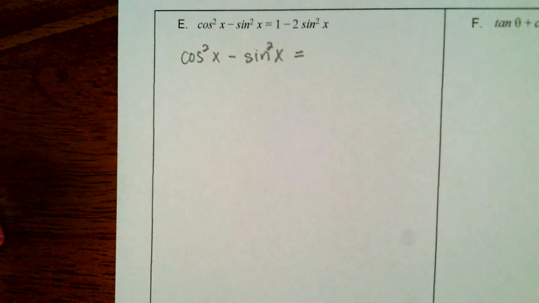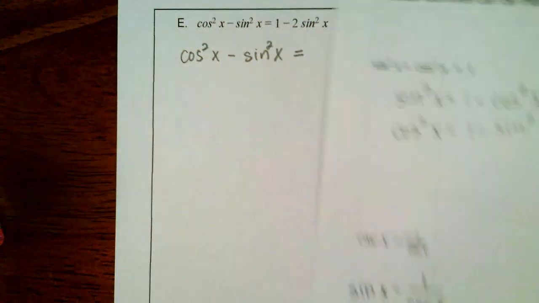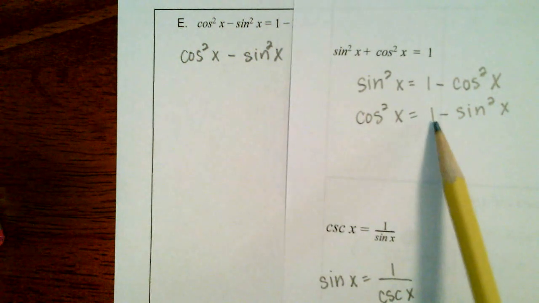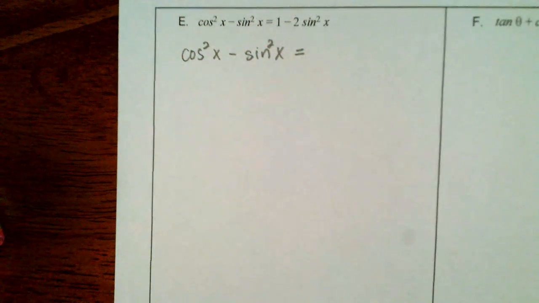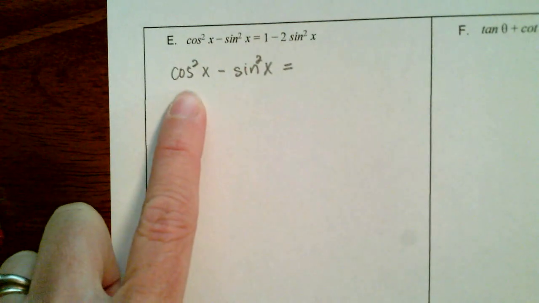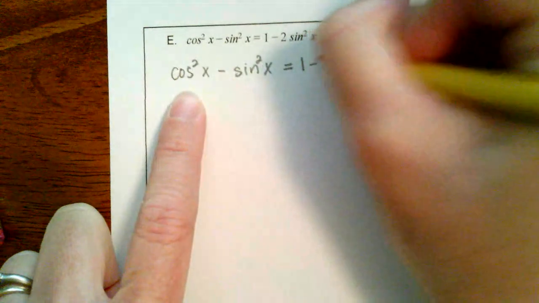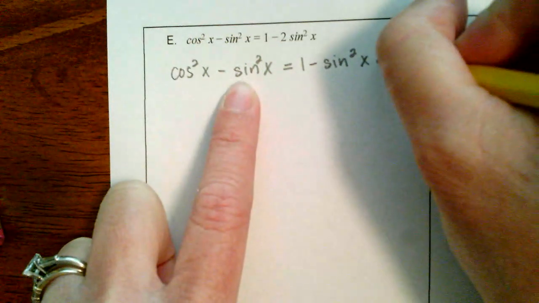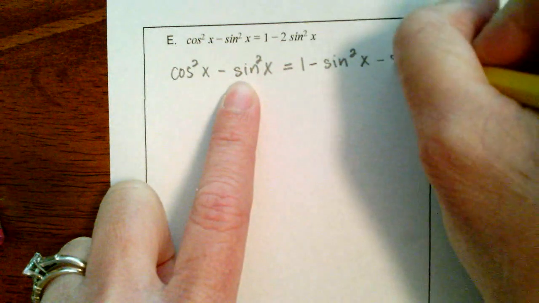Looking back, I can see that my cosine squared of x is equal to 1 minus sine squared of x. So wherever I see my cosine squared, I'm going to replace it with 1 minus sine squared of x, and I still have minus a sine squared of x.